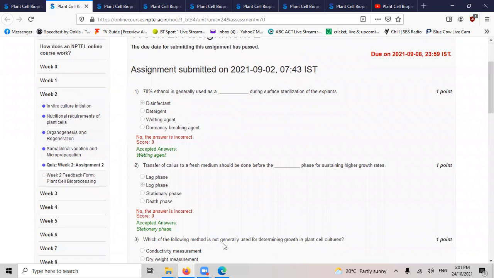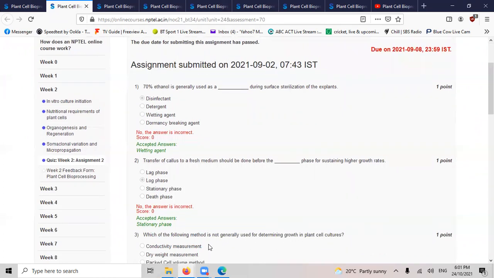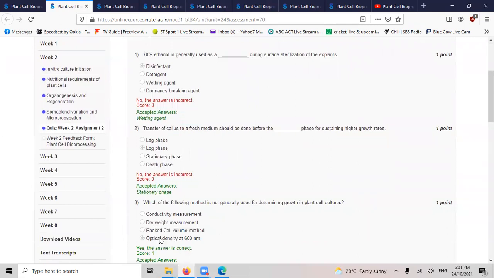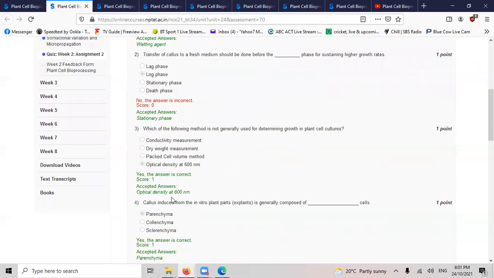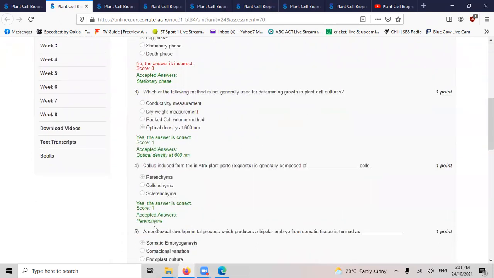Which of the following methods is not generally used for determining growth in plant cell cultures? Optical density at 600 nanometers, you don't use very often. Callus induced in vitro from explants is generally composed of parenchyma cells. They're the ones that have no direction yet.